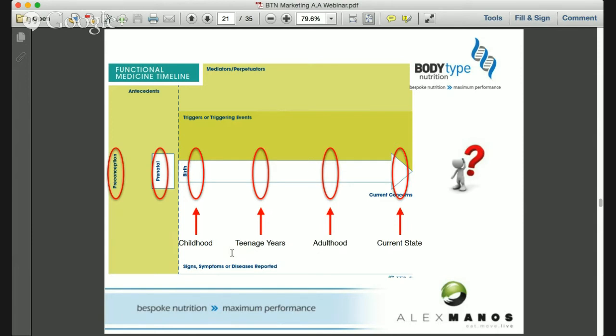But we know from some epidemiological research, looking at, for example, the Dutch famine during World War II that the Nazis put on, we are now aware that the health and the environment of our parents, and soon I think it's very likely from a human perspective we'll see with our grandparents through the research, can have an impact on our development as a child and the expression of health or disease in adolescence. So we sometimes need to go that far back to understand the antecedents, triggers, and mediators of our clients.